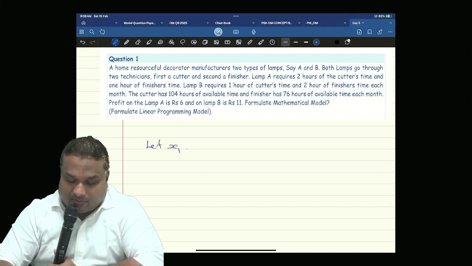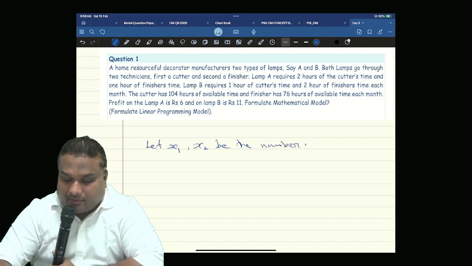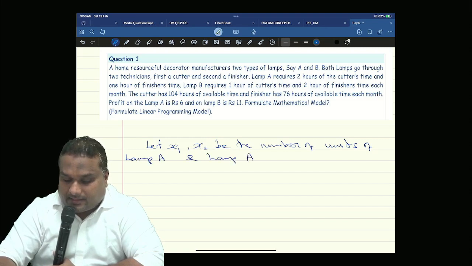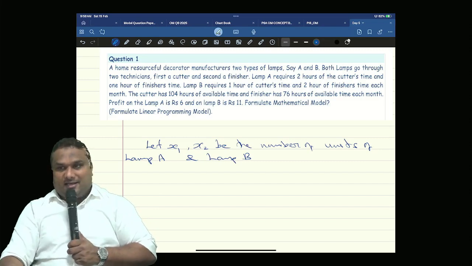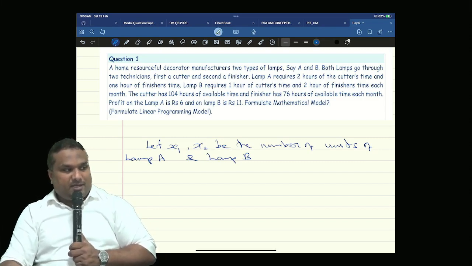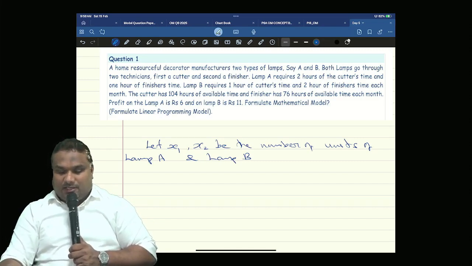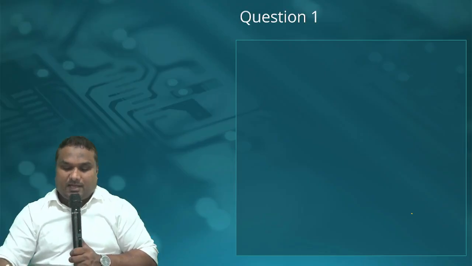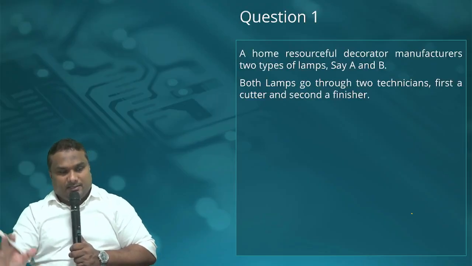Let X1, comma X2 be the number of units of lamp A and lamp B. We don't know how many lamp A is to be made. We don't know how many lamp B is to be made. So let X1, comma X2 be the number of units of lamp A and lamp B. Okay?